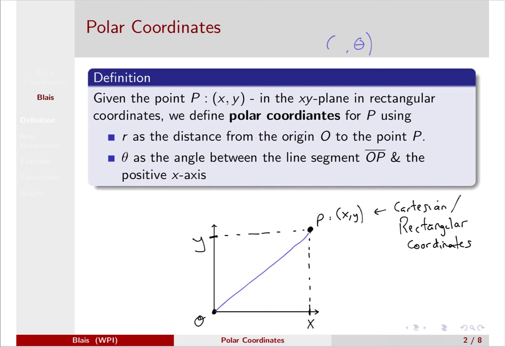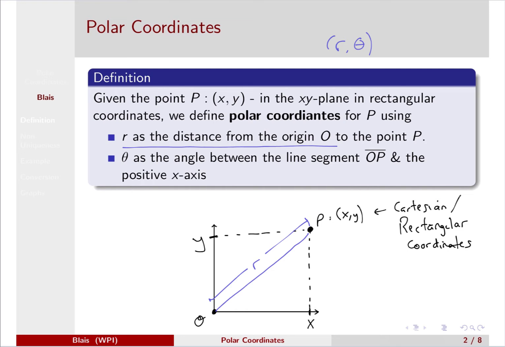And r will be this distance. So r is the Euclidean distance from the origin to the point P.